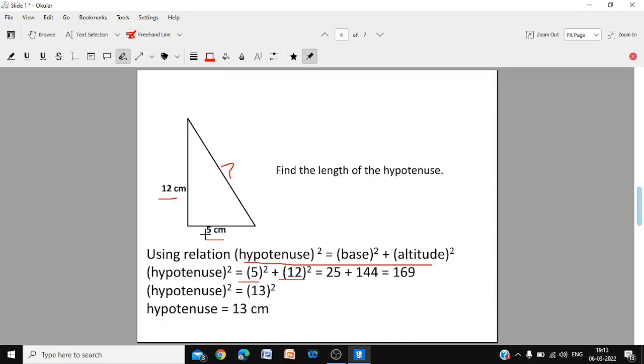That is 5 square, 25, 12 square, 144, giving you 169. So hypotenuse square is 169, which can also be written as 13 square. Cancel the square on both sides. You got hypotenuse equal to 13 centimeter.